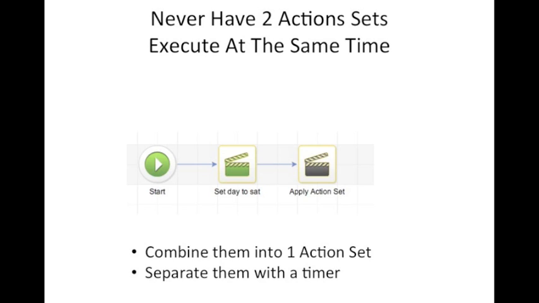And the reality of legacy action sets is that if they execute at the same time, one of them often will not execute. So you have 2 choices here. You either combine these into a single action set, or if you are not able to do that, then you separate them with a delay timer, and that forces them to be executed serially.